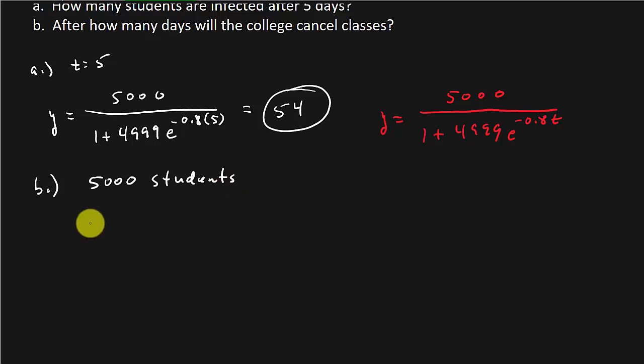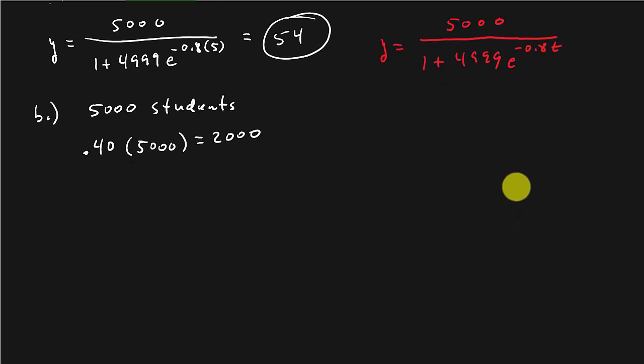So that's 40% of 5,000. So 40%, that's 0.4 or 0.40, it doesn't matter how you write it, times 5,000 is equal to 2,000. So when 2,000 students are infected, that's when they're going to cancel classes.